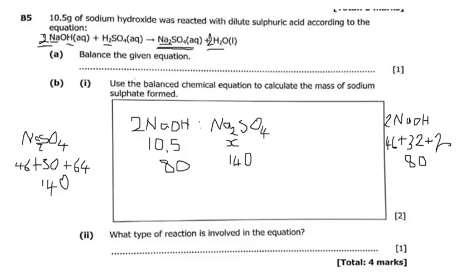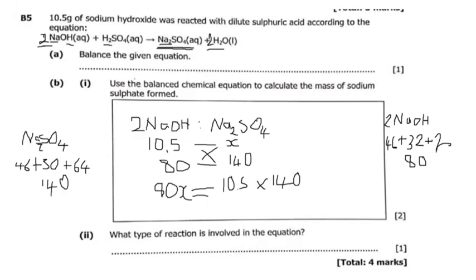So we are using a relationship. So from there, we are just going to, of course, cross multiply. So here we are going to get our 80x, and then this side we are going to multiply 10.5 by 140, just like that.